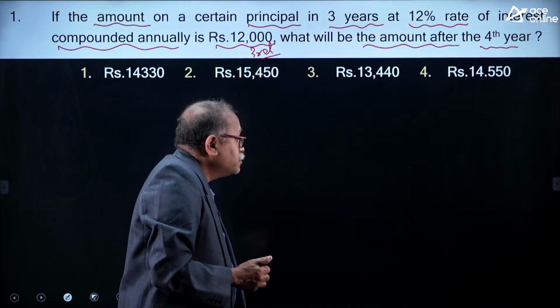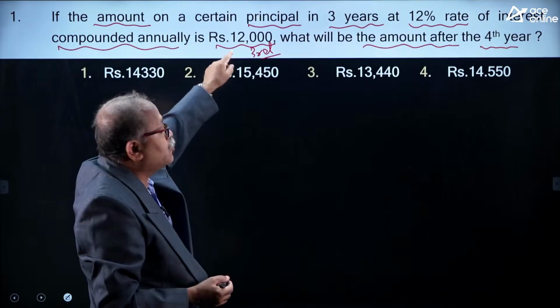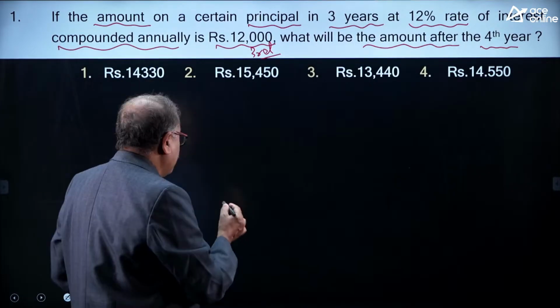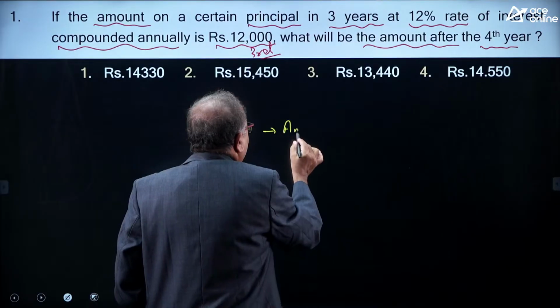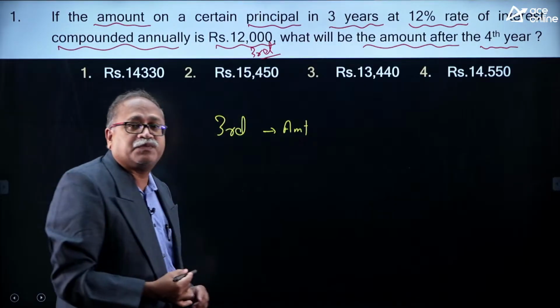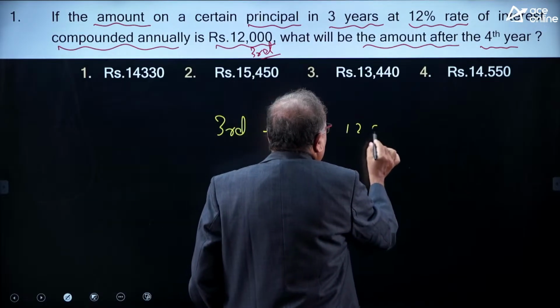At the end of 3rd year, we already have the amount of 12,000. I am just writing for clarity: the amount, that is principal plus interest, is given to us as 12,000.